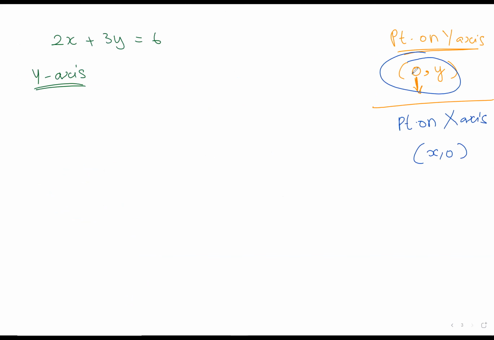Because on the y-axis, x coordinate is 0. And on the x-axis, y coordinate is 0. So now can you take a look at this equation and tell me, any of you, that if you are searching for where it crosses the y-axis, then which coordinate in this equation will be 0? Which variable out of x and y will be 0?